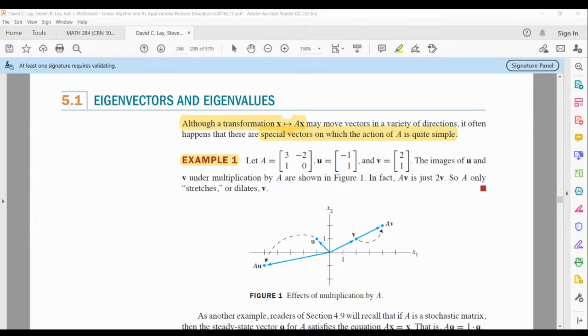Now let's look at vector v. Vector v is the vector 2, 1, and if we multiply the vector 2, 1 by the matrix A, what is that vector A times v based on the picture in figure 1? What vector does vector v get transformed into?